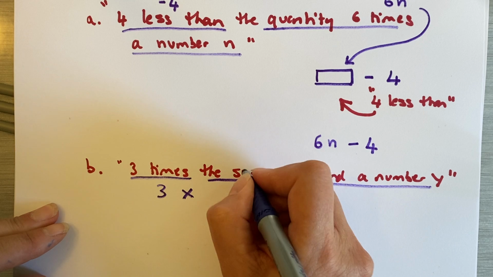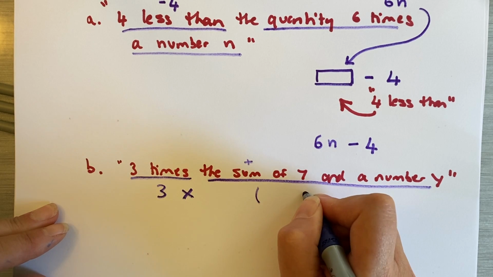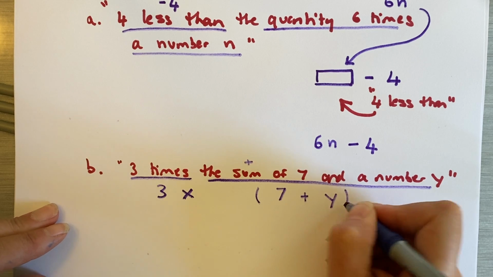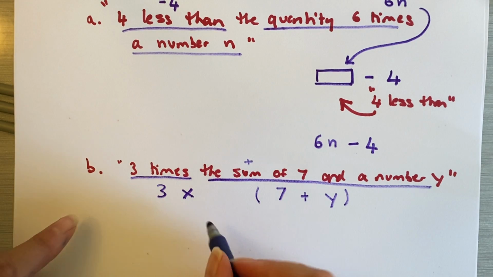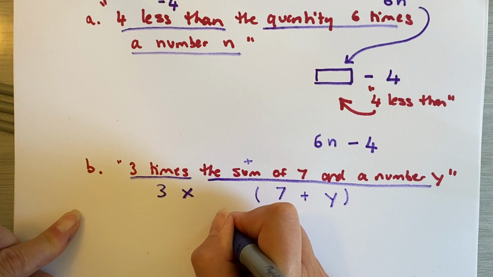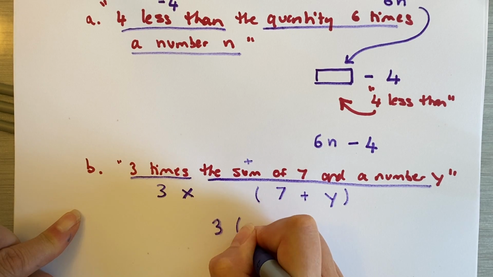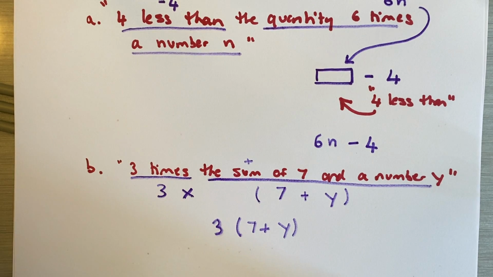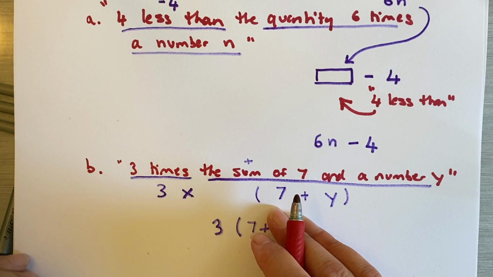Sum is plus. And we have 7 plus y. All right. So let's make this into a good algebraic expression. 3 times 7 plus y. All right, one more example, and then I'll pause and finish the rest of the lesson. And we'll do C.